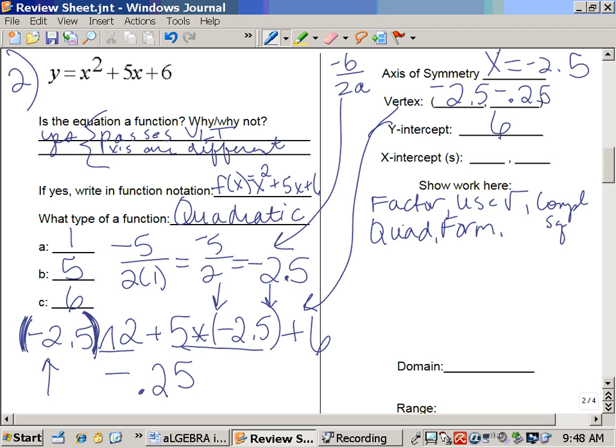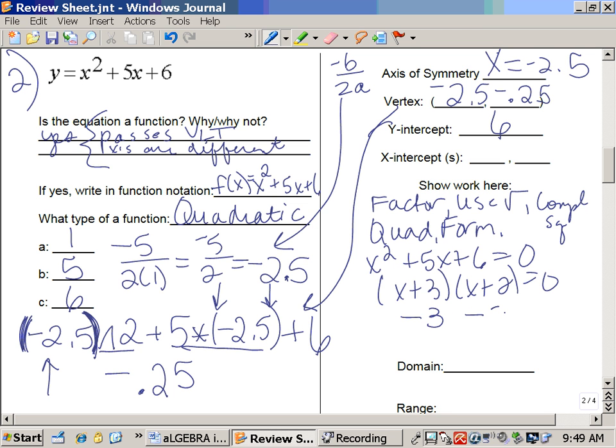If you don't want to, do the quadratic formula. I'm going to factor. Multiply to give me 6. Add to give me 5. 3 and 2. And then plug them in. Take the opposites of that, which is negative 3 and negative 2.